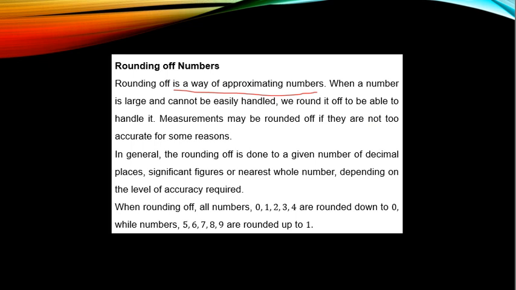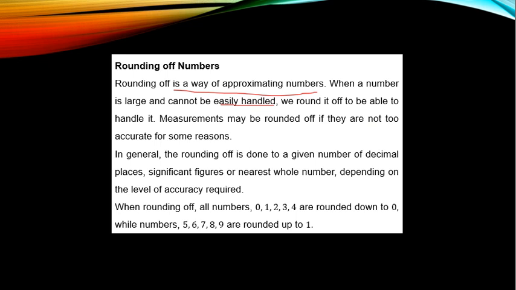When a number is large and cannot be easily handled, we round it off to be able to handle it. Measurements may be rounded off if they are not too accurate for some reasons. So when numbers are very large to be handled, they are rounded off so that they can be handled.